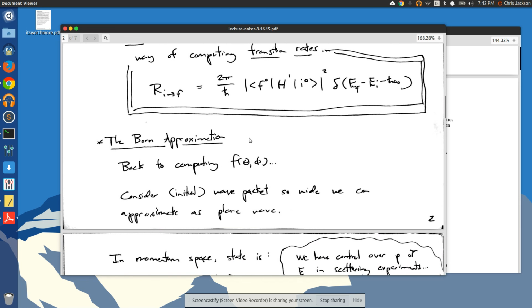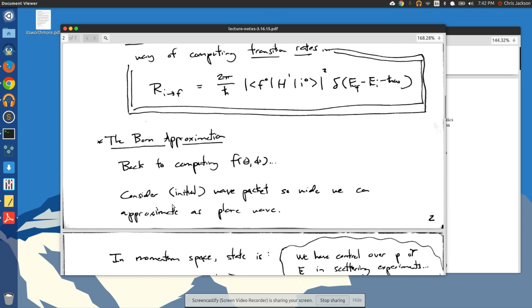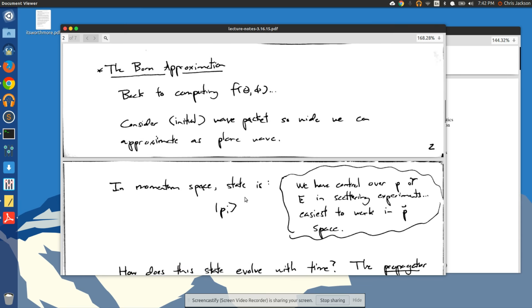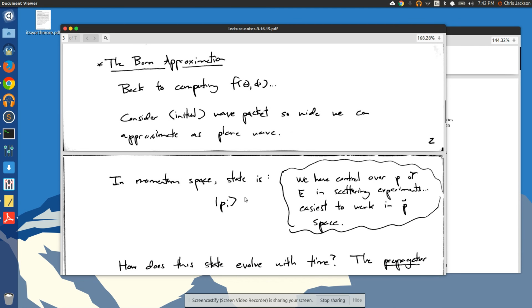Okay, so what we're going to do is, again, consider our initial beam of particles as wave packets, right? And again, the dimensions of these wave packets compared to the target are big, so we can approximate them as a plane wave.